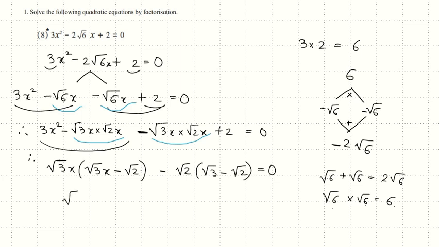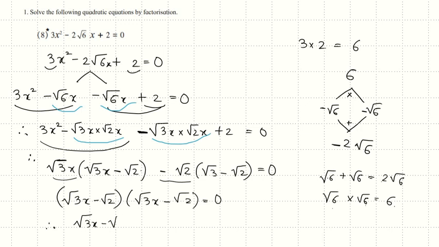Write down the common brackets first. Root 3x minus root 2 into root 3x minus root 2 is equal to 0. Therefore, root 3x minus root 2 is equal to 0, or again both the brackets have the same signs, so solving is the same for both.